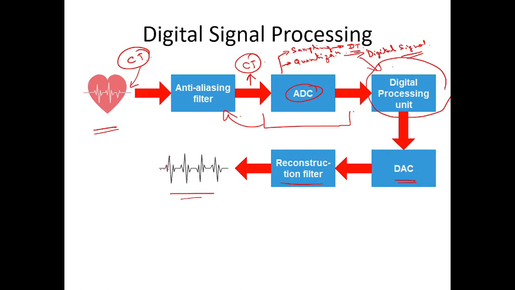Up to sampling the signal was an analog signal, because the amplitude value could have been in the range of minus infinity to plus infinity. After quantization we have a digital signal, because there are specific values which a signal can take in digital signals.